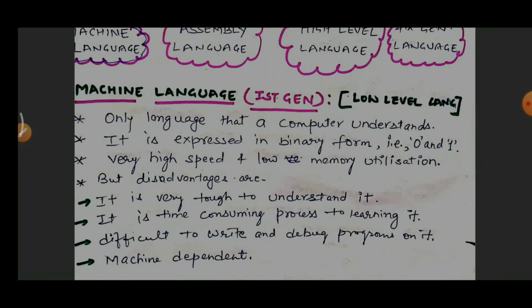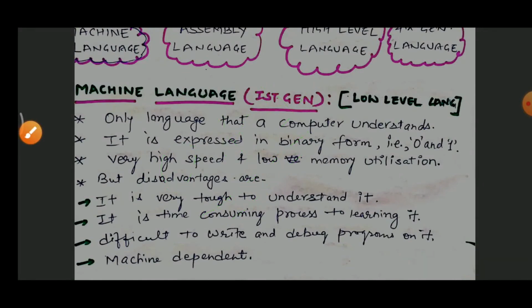Machine language is expressed in binary form, that is 0 and 1. That means all the instructions which we write in machine language will be constructed from 0 and 1.